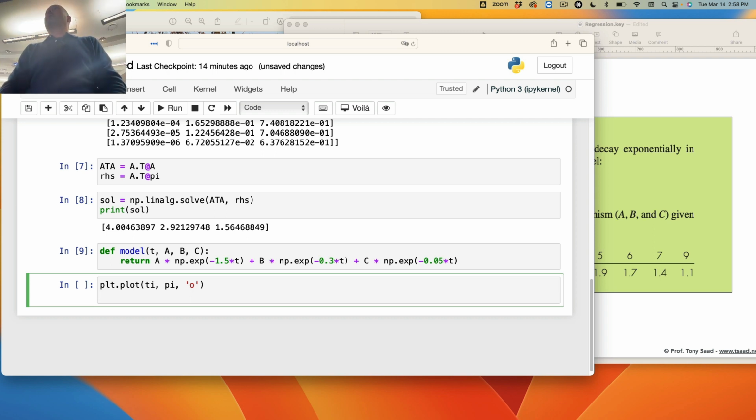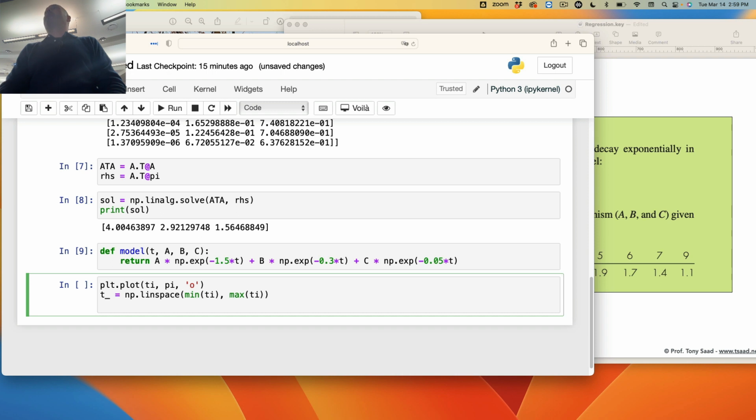So I'm going to declare a new variable, np.linspace, that goes from the minimum value of ti to the maximum value of ti. Okay, it defaults to 50 points. And then I'm going to plot it. So plt.plot the new t values. And I'm going to plot the model now, okay, on those t values.